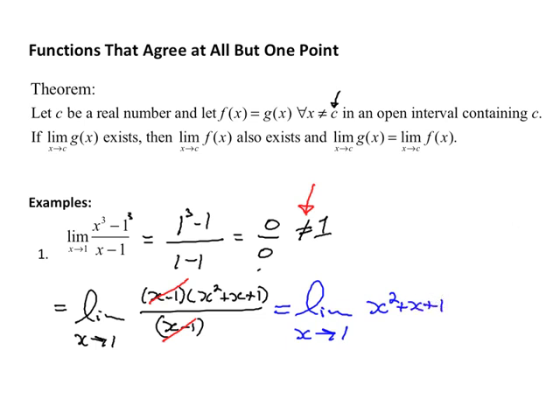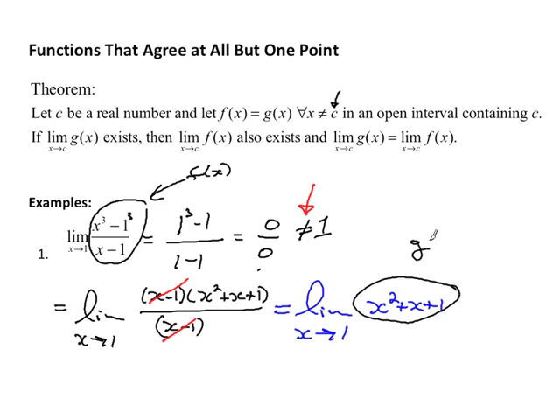Now, what I want you to note is that I want to think of the original expression as f of x. This right here is g of x.